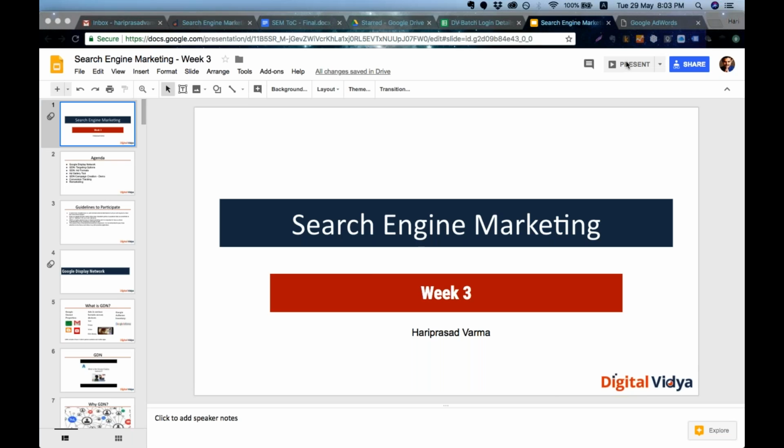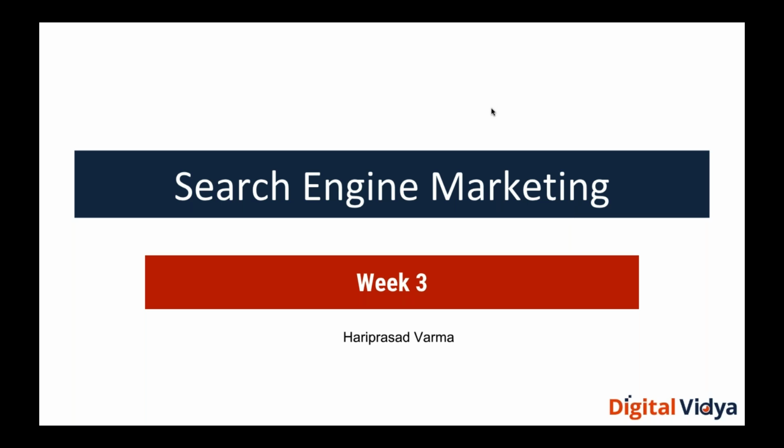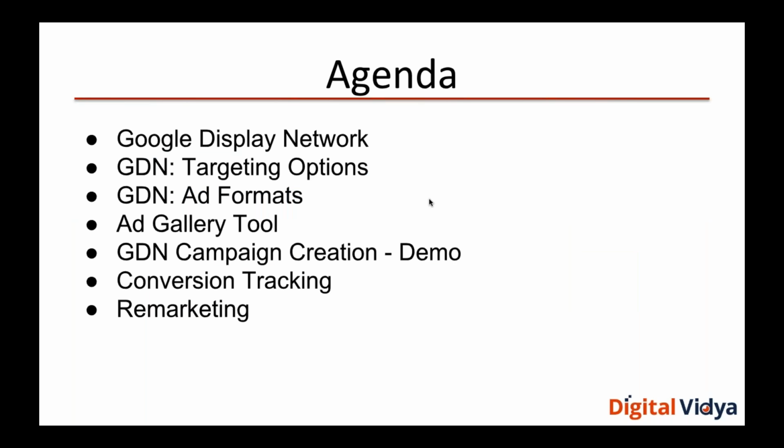All right. So I think let's start off with this week's topics. Can you confirm if you can see my screen? All right. So let's just get started. So this week, today and Thursday, we'll be looking at Google Display Network.